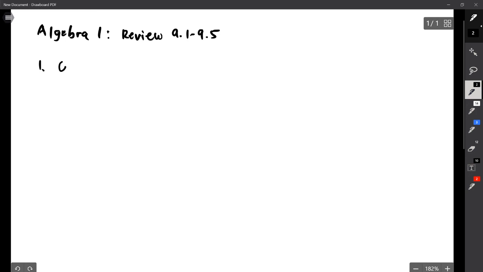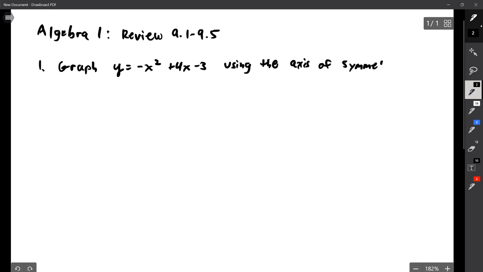Let's graph y equals negative x squared plus 4x minus 3 using the axis of symmetry, vertex, and y-intercept.